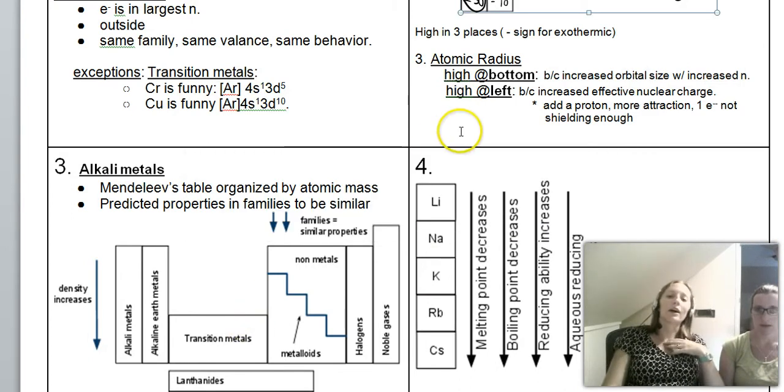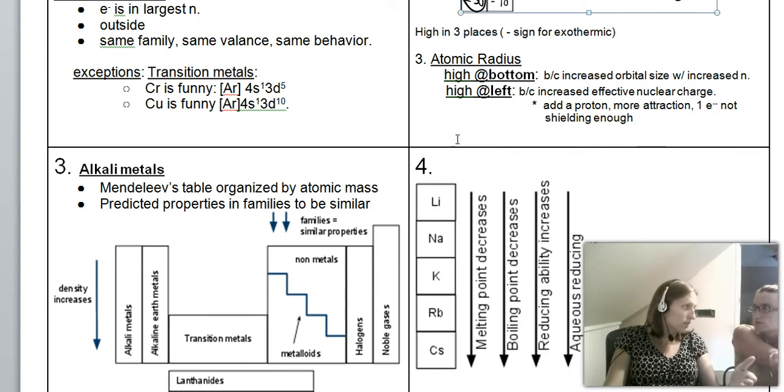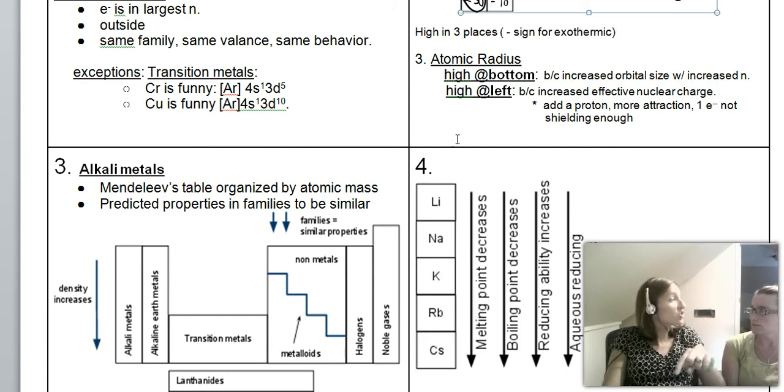Oh, no, we should talk about ionic radius too. The same sort of reasoning works perfectly well when you get a question like, what is going to happen if you compared this ion with this atom, this neutral atom, which one is going to be bigger? You need to think about, well, does this ion have an extra electron that bumped it up a shell?